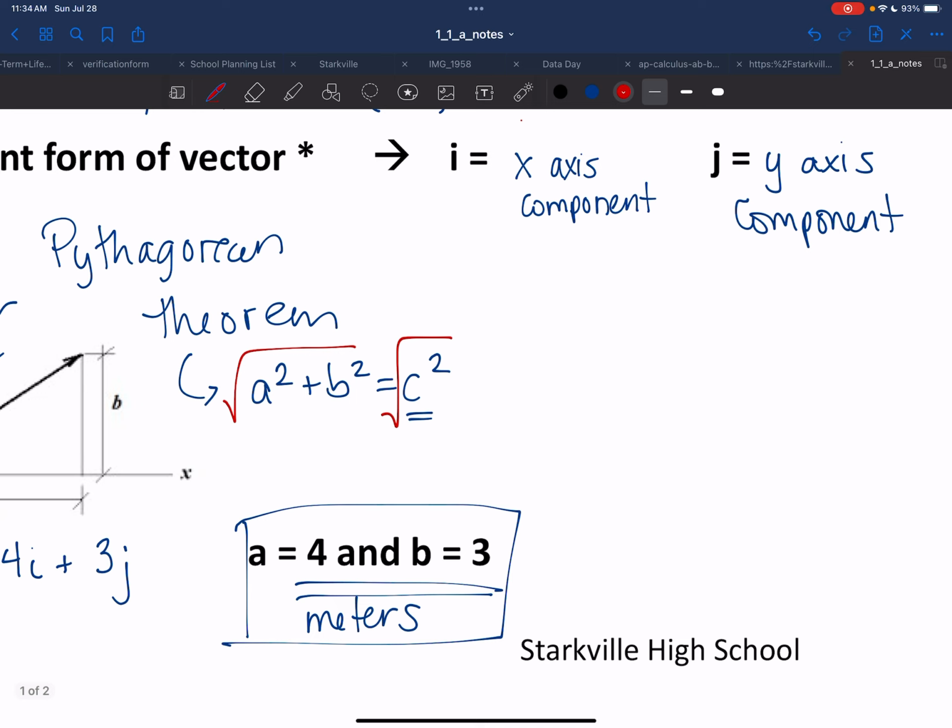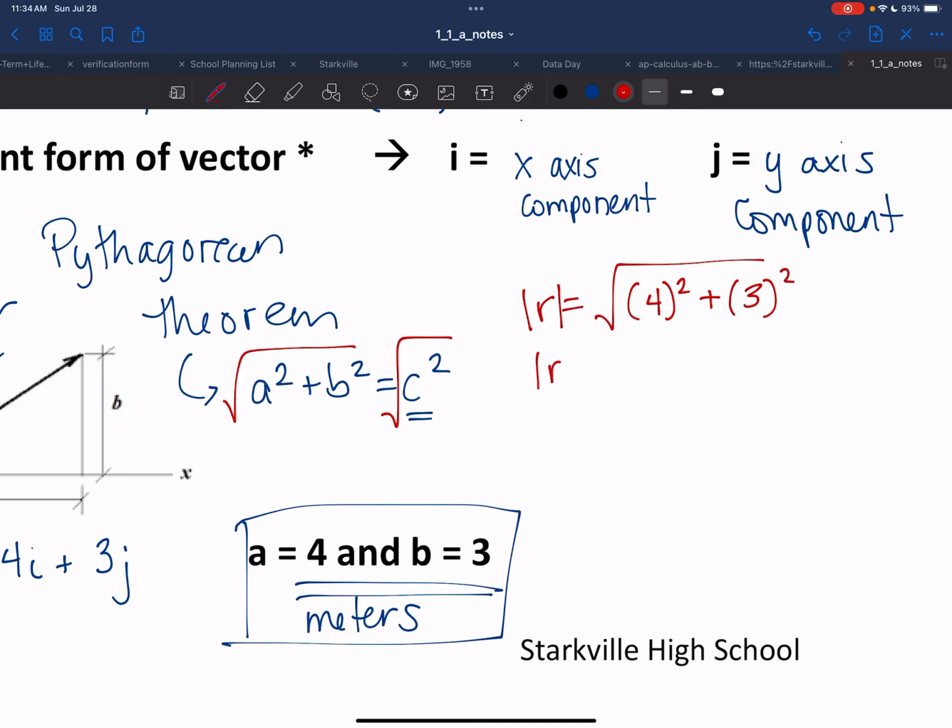And then we end up getting just c for our answer. Well, this is how we would write it. So it would be the absolute value of r, because we just want the magnitude, is equal to my x component, which is 4, and I'm going to square that quantity, plus my y component, which is 3, and I'm going to square that quantity.